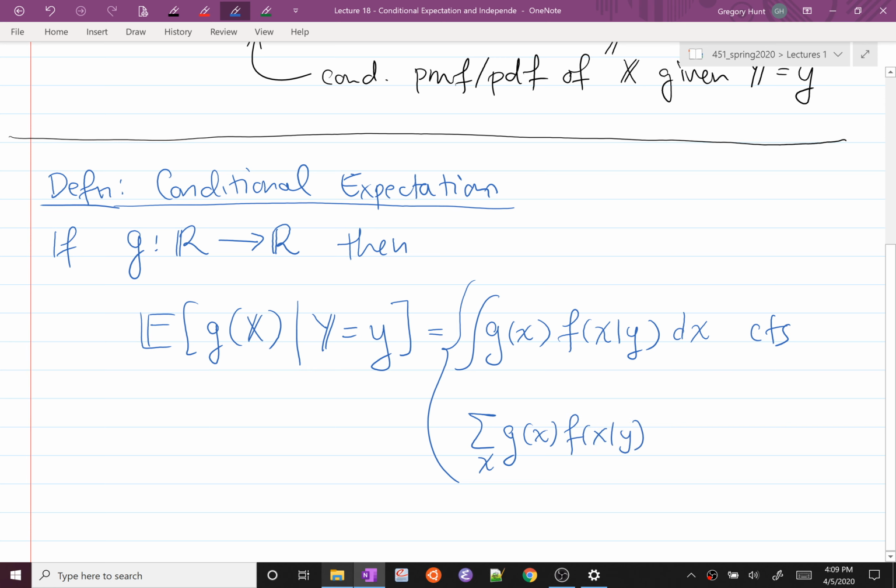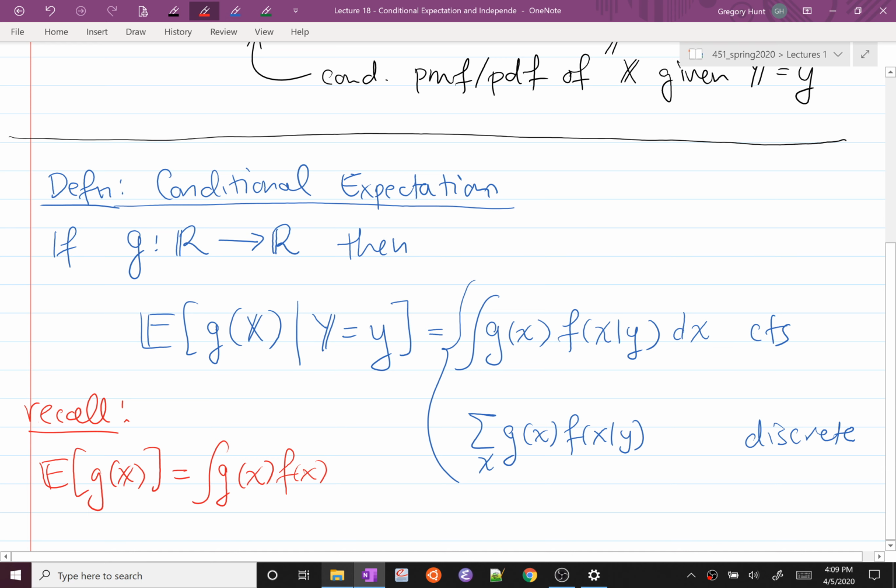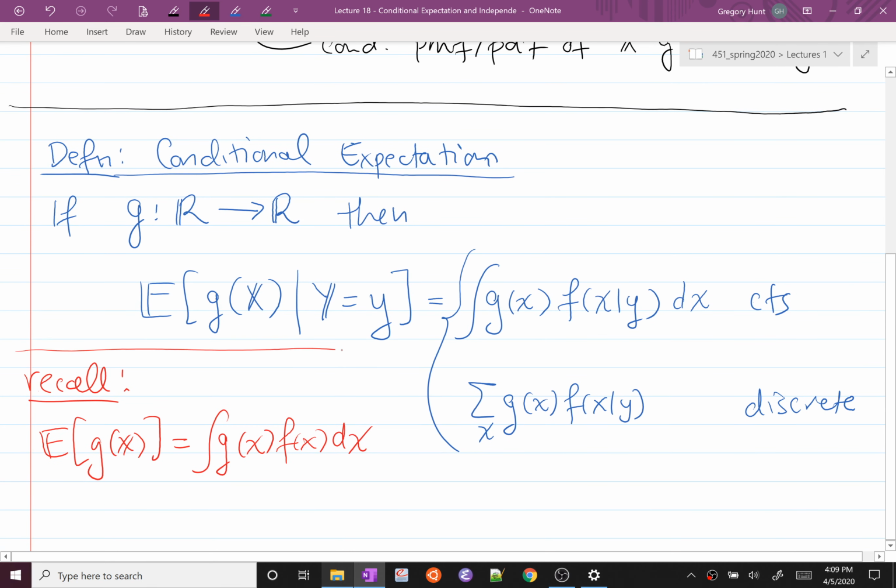And this is just very straightforwardly an analogy. If we recall in the univariate case, the expected value of g of x, by the law of the unconscious statistician, was the integral of g of x, f of x, dx, say in the continuous case. But now we just replace f of x with the conditional distribution x given y, right?